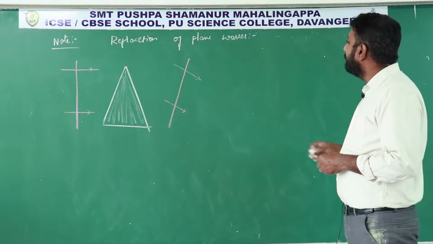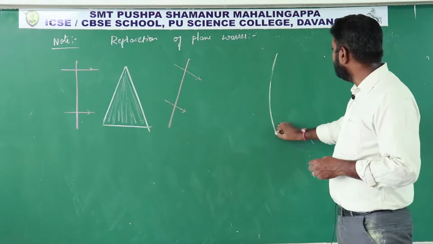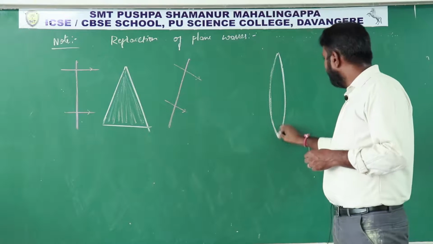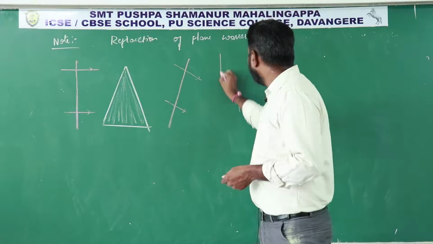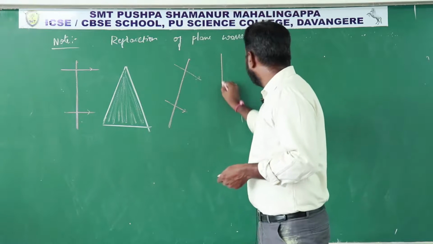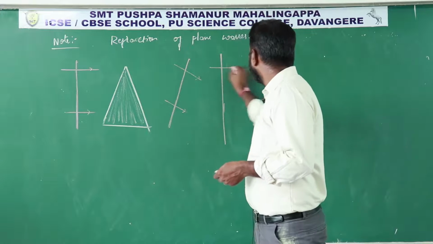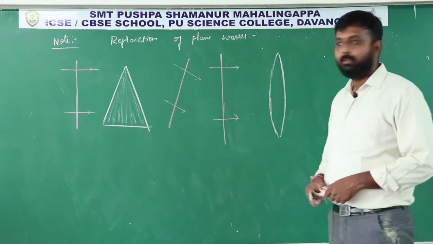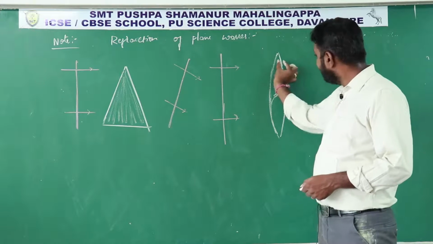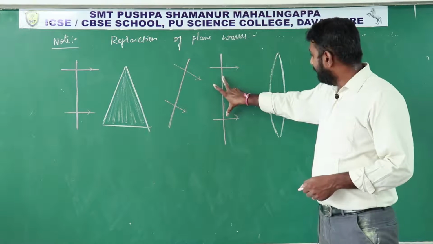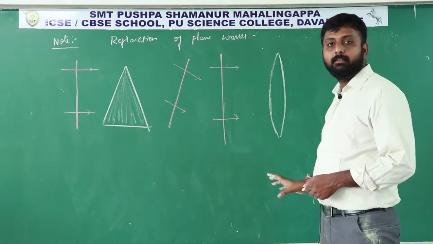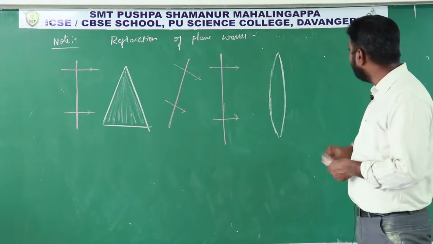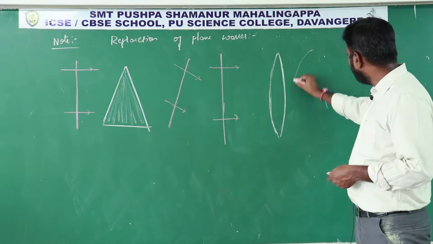And next, suppose you have a thin lens, and a plane wavefront is incident on this lens. Then what happens? Similarly, by the same concept, this portion has to travel less thickness, but here this portion has to travel more thickness, and this portion again travels less thickness. Finally, you will not observe a plane wavefront.